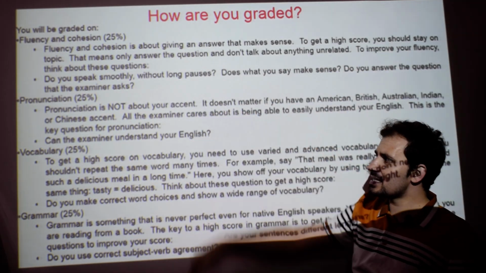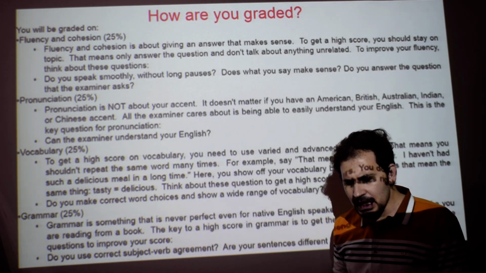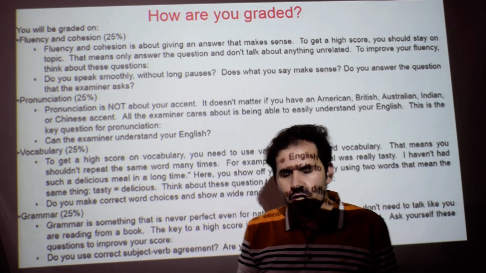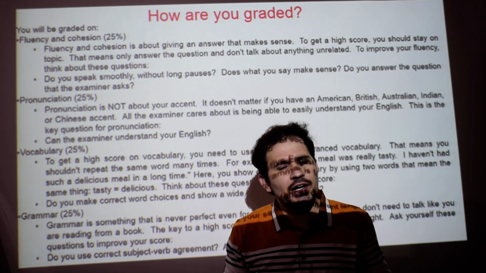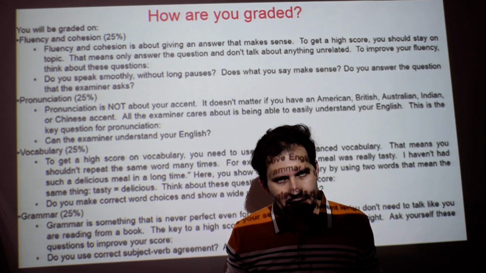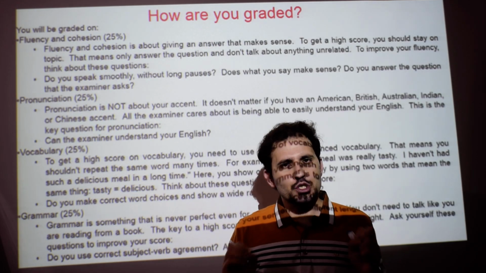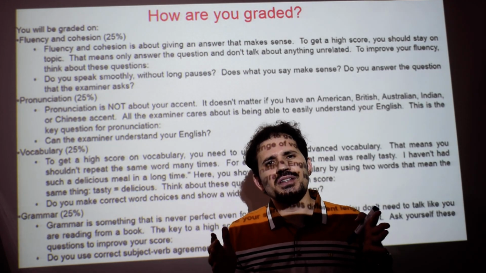Number 2, as I said, pronunciation. Pronunciation means you will not be given marks on your accent. There are no marks for accent in the IELTS speaking test, remember. Most students are after their accent.